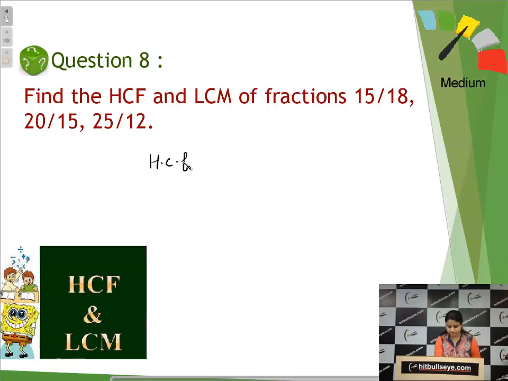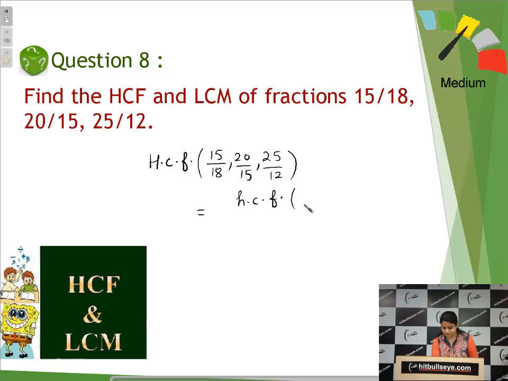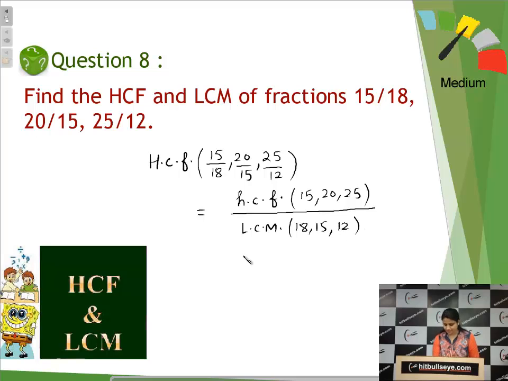HCF of 15 by 18, 20 by 15 and 25 by 12 will be the HCF of the numerators, which are 15, 20 and 25, and the LCM of 18, 15 and 12.